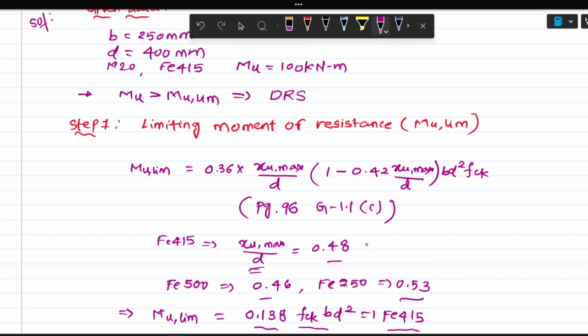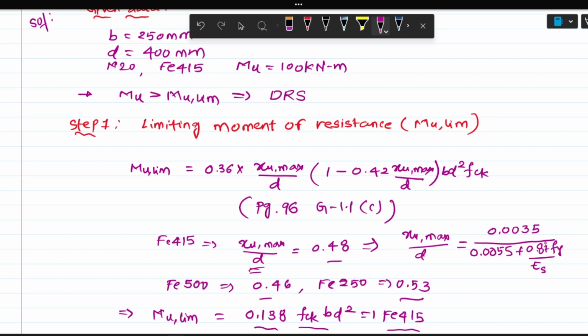You can calculate this Xu max by d also using the formula, that is Xu max by d is equal to 0.0035 by 0.0055 plus 0.87 fy by Es, where Es is the modulus of elasticity of steel, that is 200 kN per mm square, which I have already told in the stress strain curve of concrete and steel video.